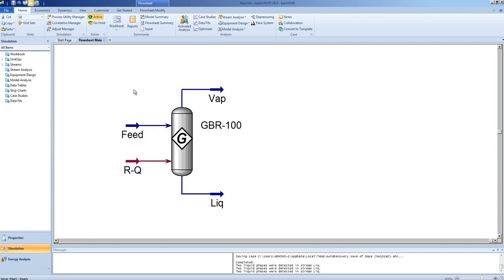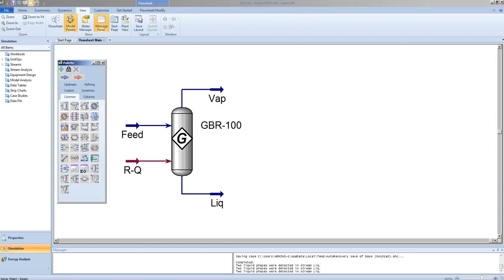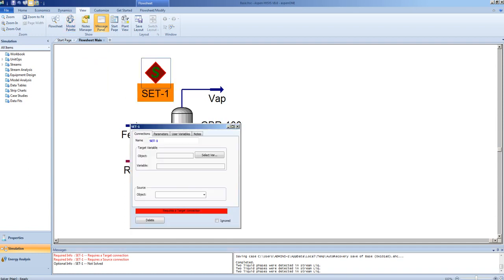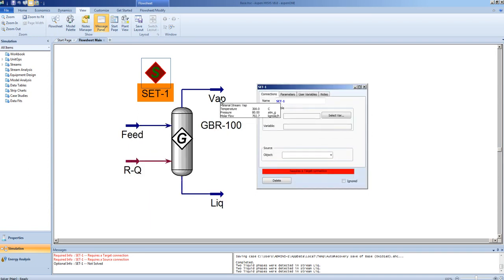To do this, we can use one of Hysys's logical operations. So we're going to pull up our model palette and we're going to use something called a set block. We add the set block to the flow sheet, and to configure the set block, we want the set block to set the vapor outlet temperature as the same as the feed temperature.